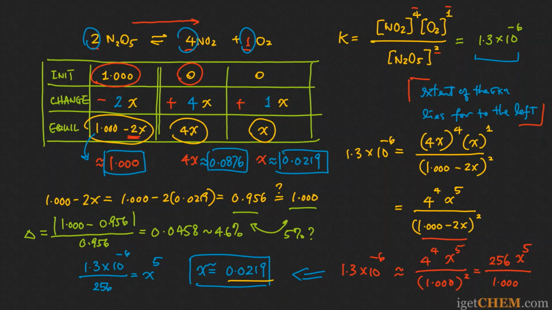So what that means is that the approximate value we used for N2O5 is 4.6% away from the actual value. And that is less than 5%. So according to the 5% rule, that would have been an acceptable approximation. Okay, so this is the solution for this problem.